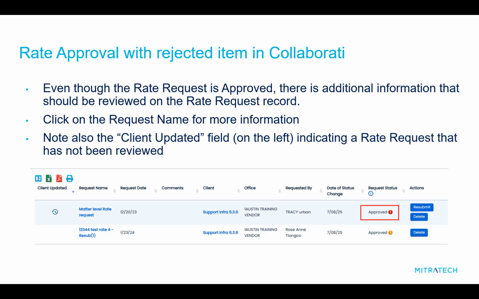Click on the rate request to get more information. Additionally, on the left side of this page, this is the rate request page, you'll see the client updated field indicates that a rate request has not been reviewed yet. So there's a little clock icon there.